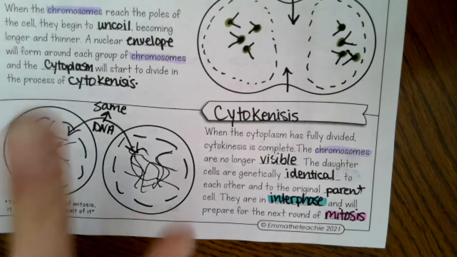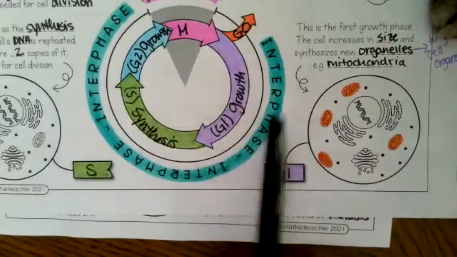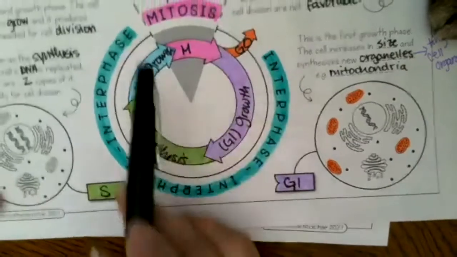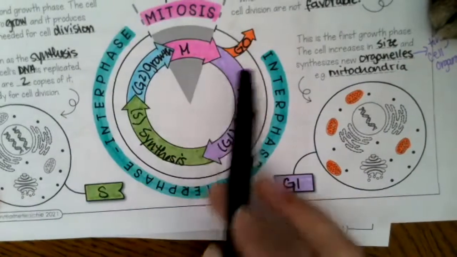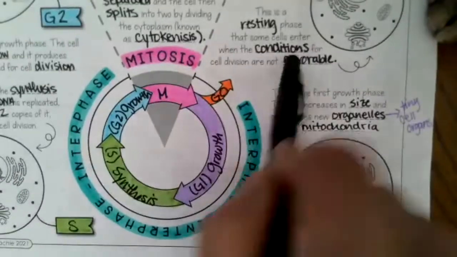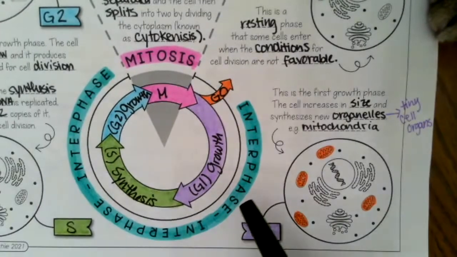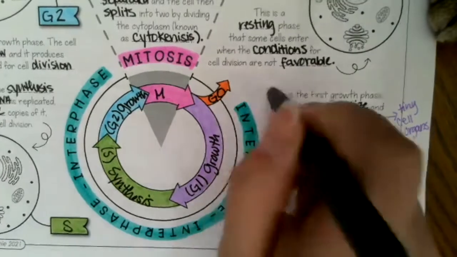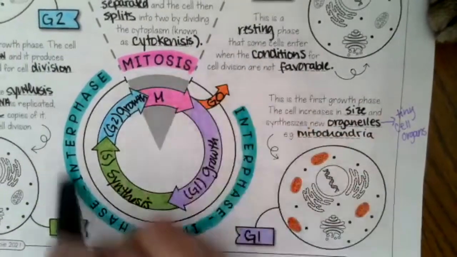Now, real quick before we end this, I just want to point one thing out. If we look here at our interphase, once we've completed mitosis, we're going to go right back into it. Depending on whether or not we have favorable conditions, enough food or water or shelter or whatever it is we need, as long as we're not trying to just survive, we're going to continue this process.